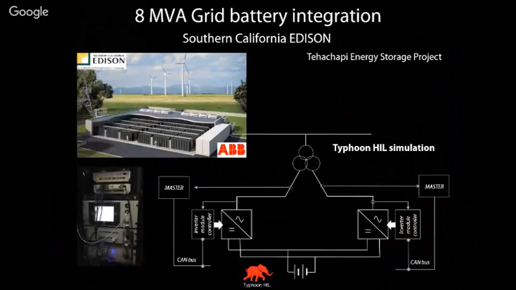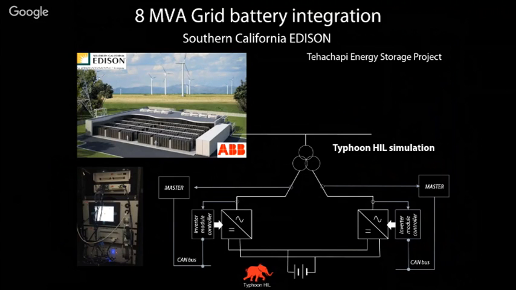Also another example, integration of an 8 megawatt battery storage facility in South California, Edison. What you can see on the picture are ABB control systems being tested on one of these boxes. This is very interesting for battery storage applications because batteries are probably the easiest to ruin during the tests.